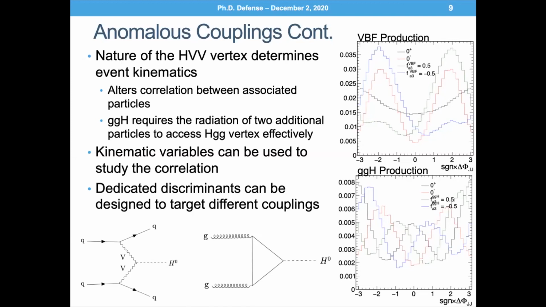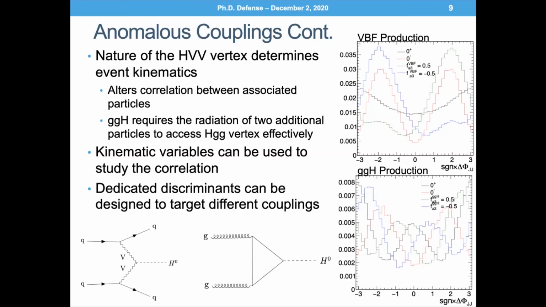So you can see they're clearly different based on the nature of the mixture, but what you should notice is that these distributions are not symmetric about 0. And then if you look closely at the GGH production in the bottom right, all the signals are kind of mixed together, but you'll see the same trends, where the pure states are symmetric about 0 and the mixed states are not symmetric.